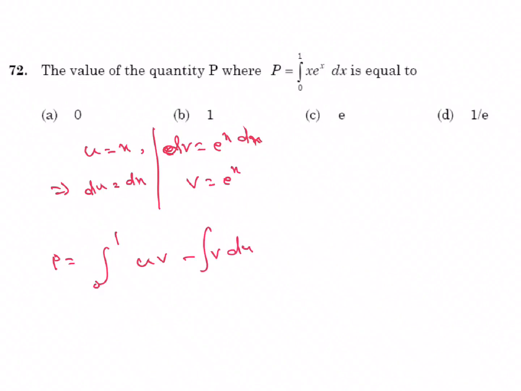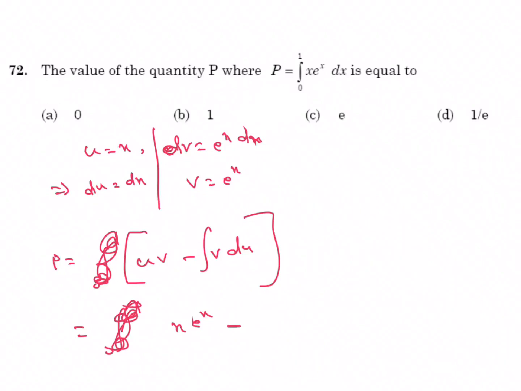That is, 0 to 1 u into v, x e to the power x, minus integration from lower limit 0 to 1 of v du, v is e to the power x, du is dx.